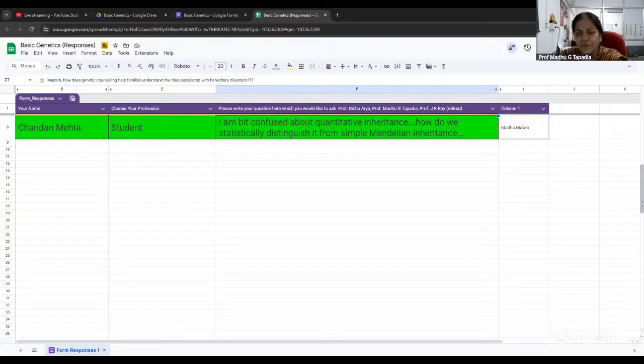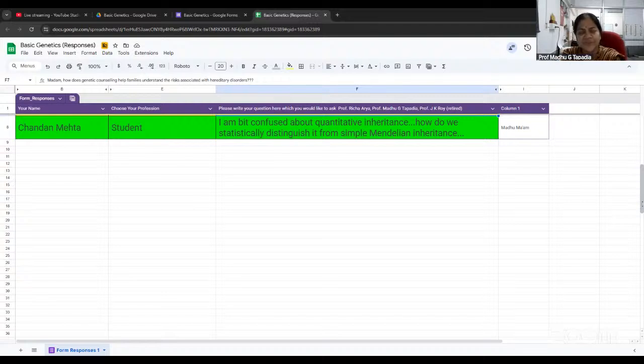When we are talking about inheritance, whether it is quantitative or discontinuous inheritance, all are Mendelian inheritance. Even in quantitative inheritance, the genes and alleles follow the same Mendelian laws: the law of segregation and the law of independent assortment.